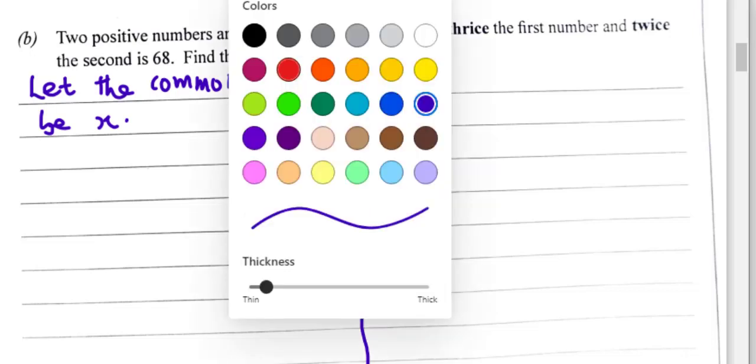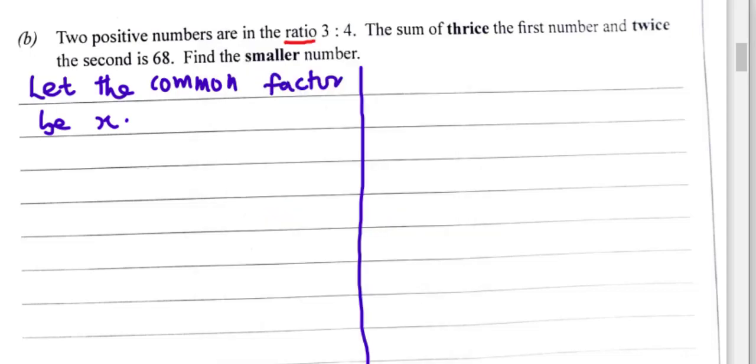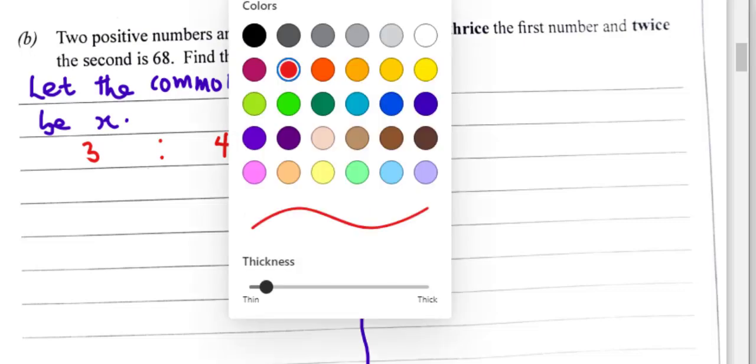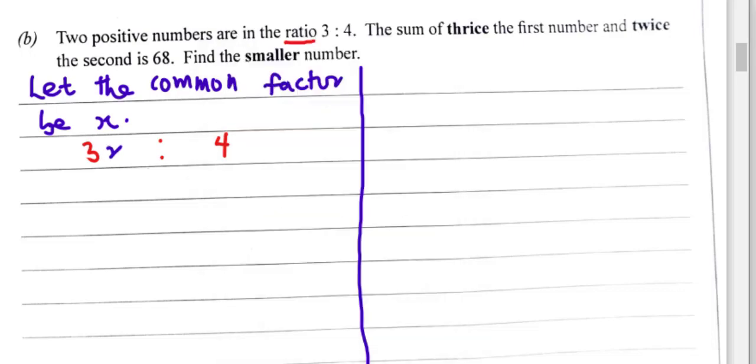Now if I'm told that the ratio of these two positive numbers is 3:4, then that means a common factor has been cancelled out. So I have 3x and 4x. These are the real numbers, but x has been cancelled out.